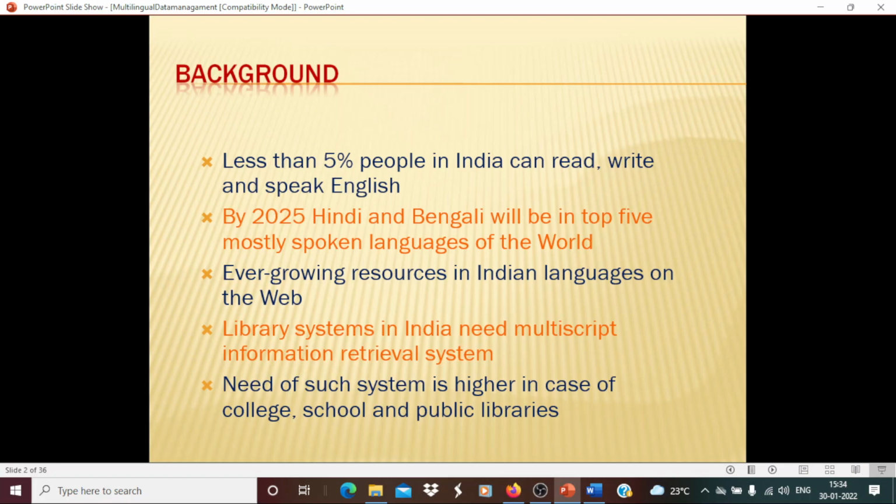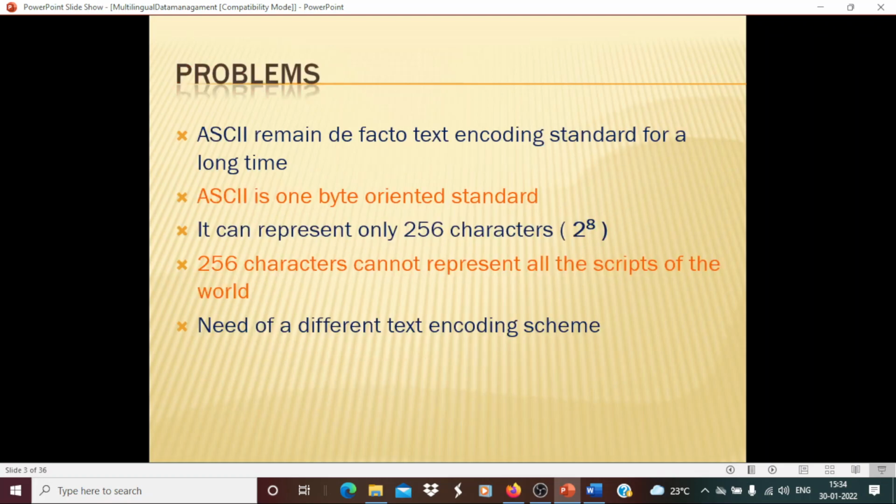So we need to know how we can apply different kinds of standards apart from Unicode in achieving multilingual computing. As I already discussed in the first part of the demonstration, ASCII remained the de facto text encoding standard for a long time, right from the decade of the 60s. And in the 90s only, we realized that ASCII is not quite sufficient for multilingual computing.